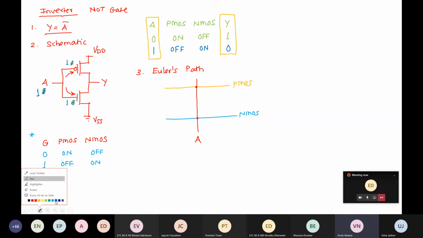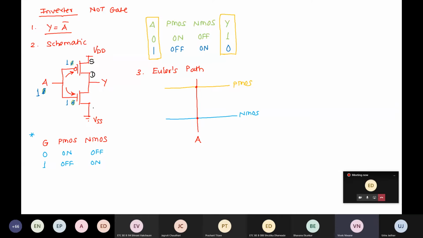Okay, now I want to have the connections. Look very carefully, I am going to write one more thing. Let's use the black color. The terminal of PMOS which is connected to VDD is the source and the remaining terminal automatically becomes the drain.